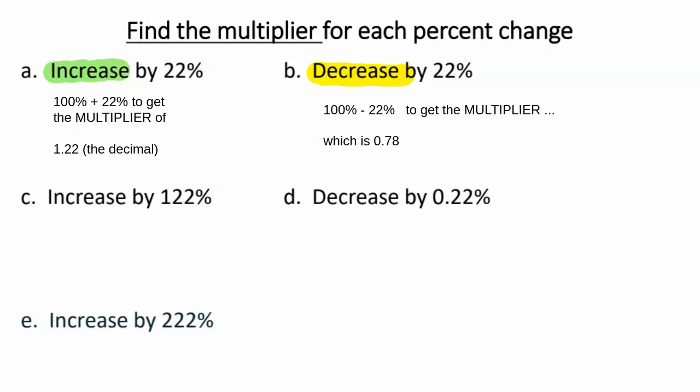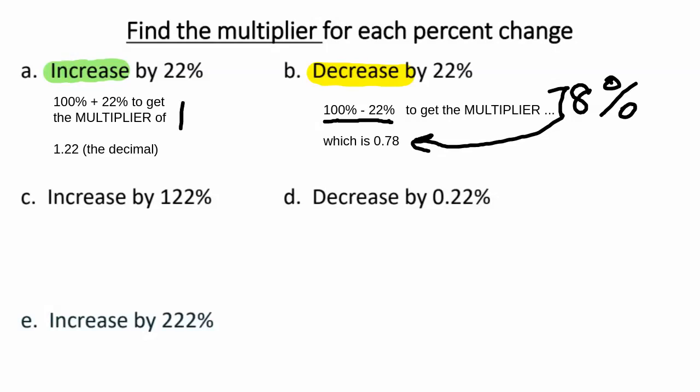Okay, to get the multiplier, we are going to take the answer to this, which is 78%, and we make it a decimal. Number one, the multiplier of 122% is the decimal 1.22. The multiplier is a decimal.